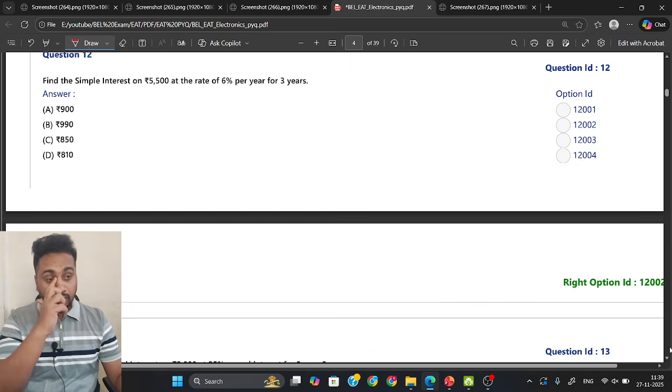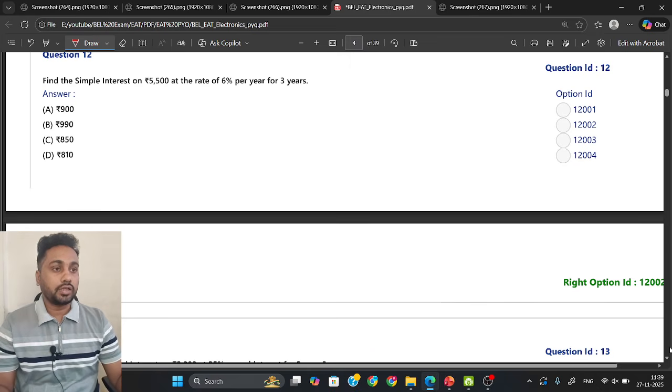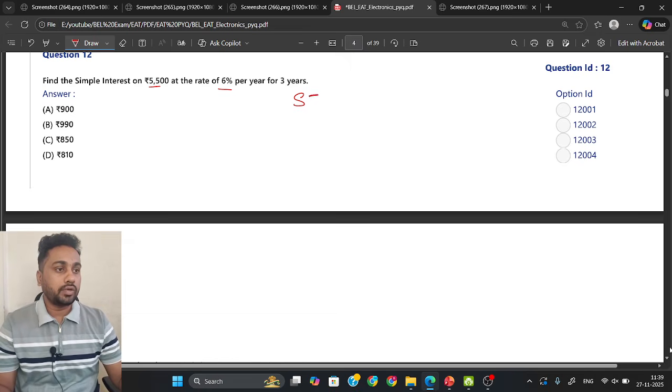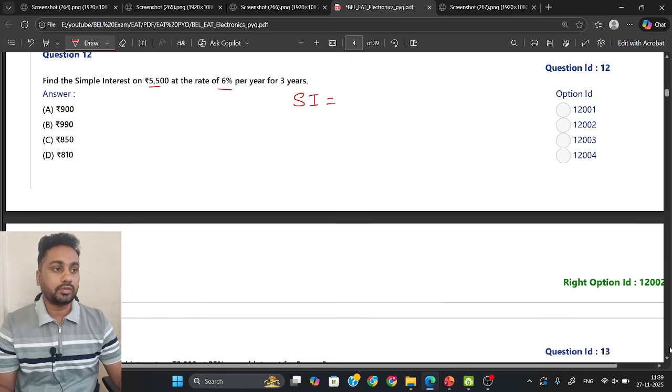Find the simple interest on 5,500 at the rate of 6% per year for 3 years. Okay, so this is simple interest. We know the SI formula: simple interest is equal to P into R into T divided by 100. P is your principal amount, R is your rate percentage, and T is your time.